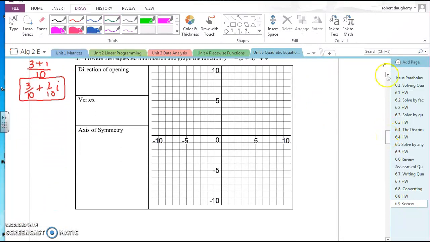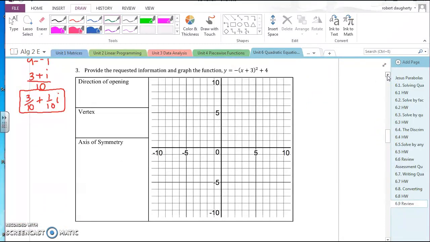Number 3, provide the requested information and graph the function. This is a parabola in vertex form. So y is equal to a, x minus h squared plus k. They're asking me for the direction of opening. This will open down, so I know that the shape of this parabola has to look like this.